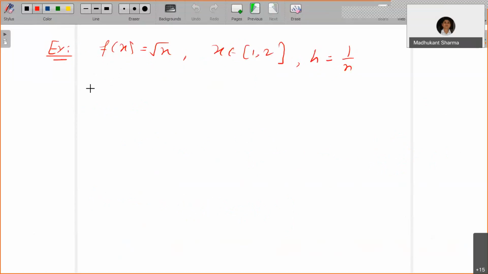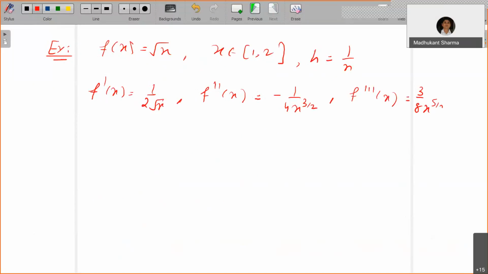From here, if you recall, f dash is 1 by 2 root x. The second derivative of f at x is minus 1 by 4 x to the power 3 by 2. And the third derivative of f at x is 3 by 8 x to the power 5 by 2.